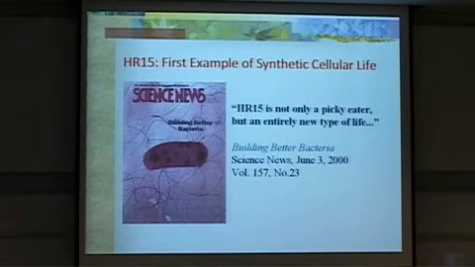The kind of life we know, ourselves, the bacteria, the viruses, they all use these 20 amino acids. So when you change the proteome building blocks, then according to this article you're looking at a new kind of life. So at least we have a first example of a synthetic cellular life.